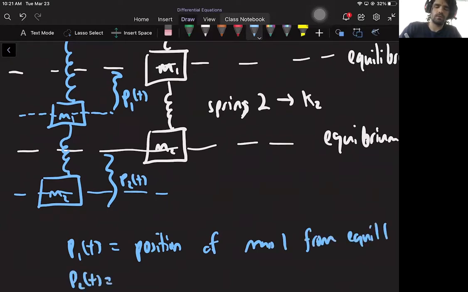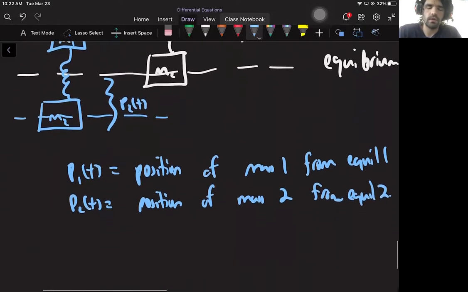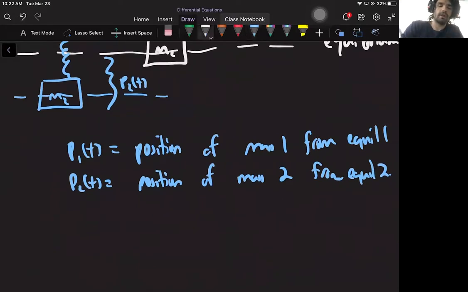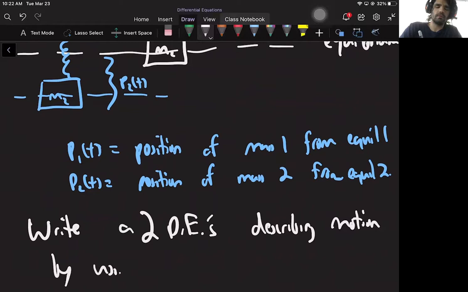P2(t) is the position of the other mass, mass 2, from its equilibrium spot, equilibrium 2. So now we're going to write down a DE, actually two DEs, describing the motion by using force laws again.